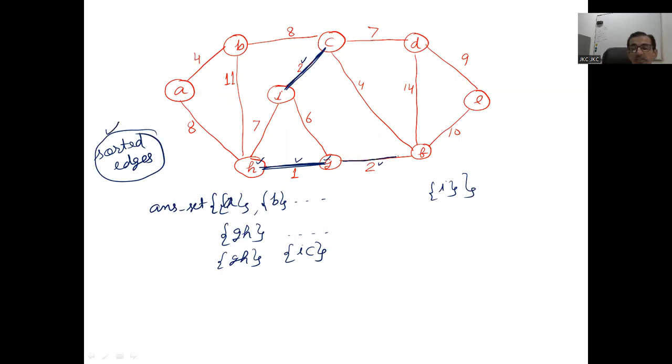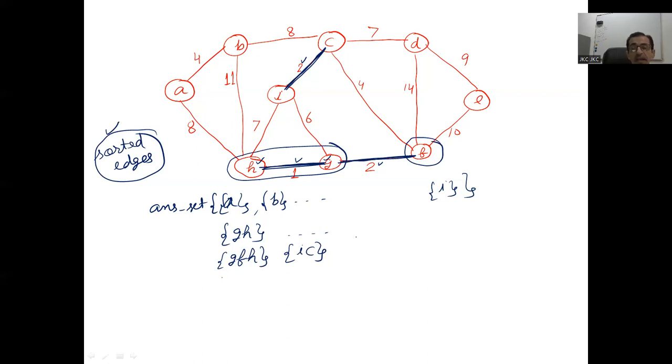Now let's assume GF. This can be selected because GH is one component and F is a separate component. So I can select this. Now this set becomes modified, and instead of GH, this will become GFH, and IC and others.